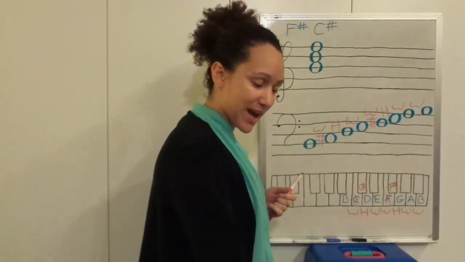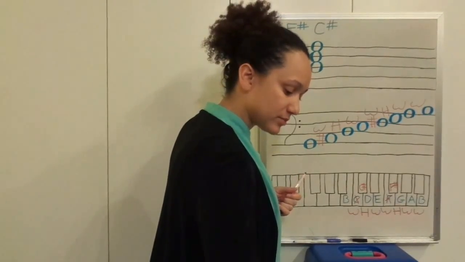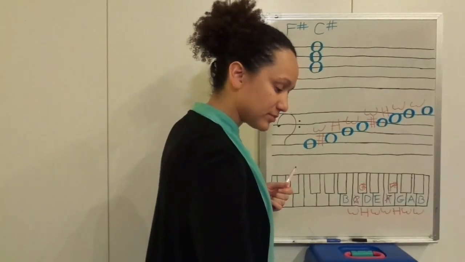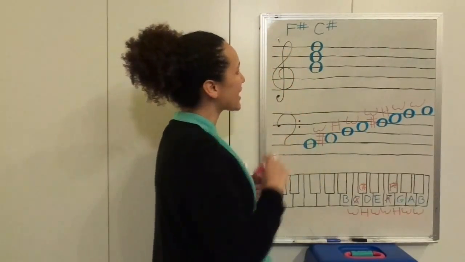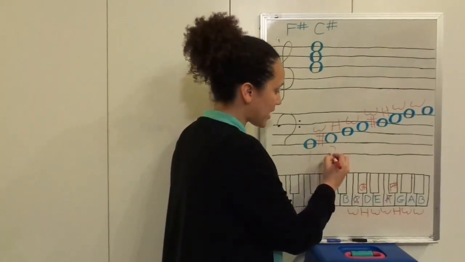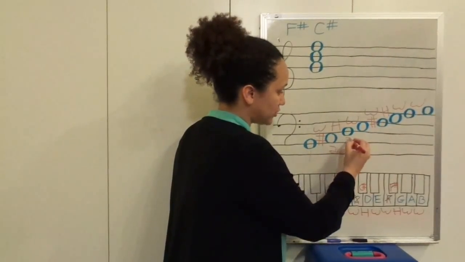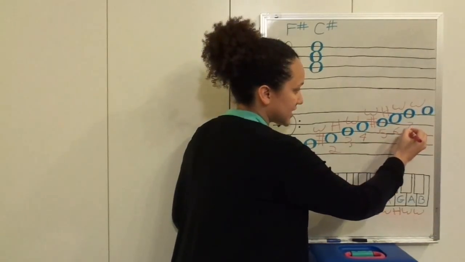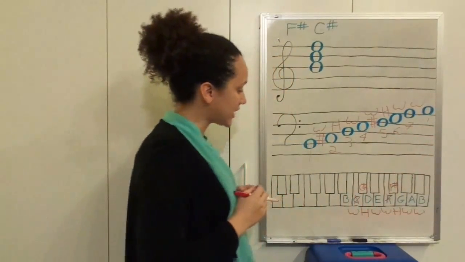This is our major pattern and our minor pattern. Now let's look at up here our chord. Because we're going to go by the scale 1, 2, 3, 4, 5, 6, 7, and of course that is 1 again.